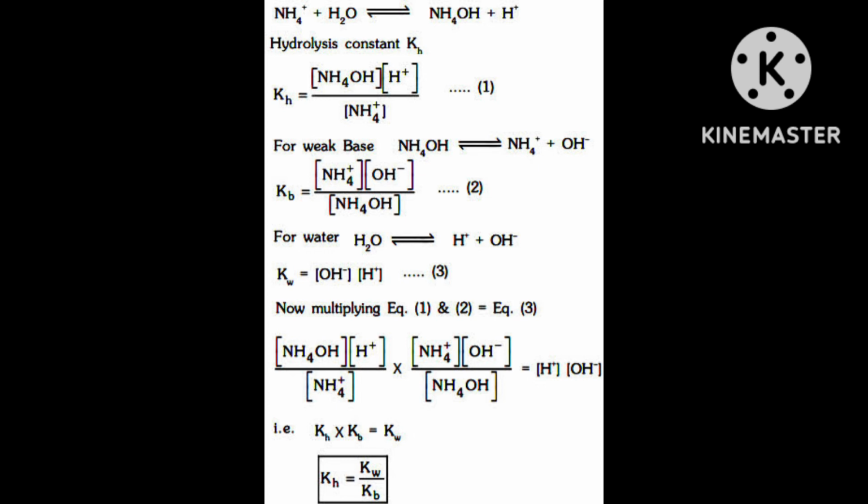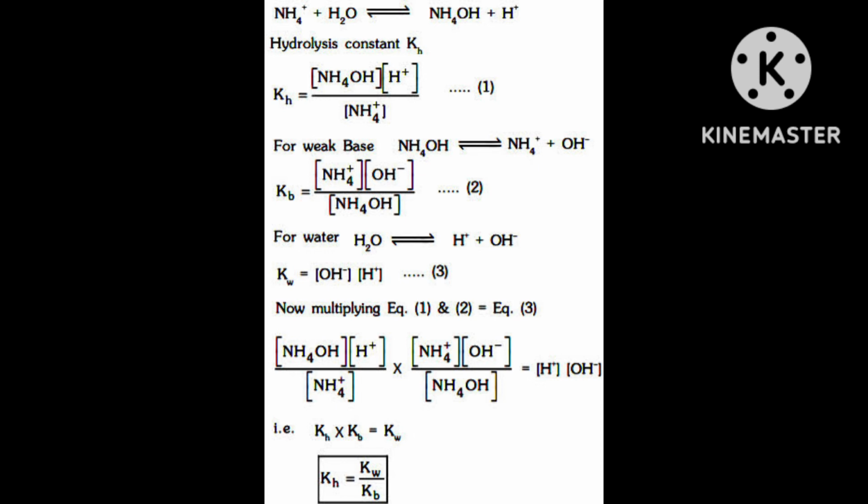Here the Kb value is given in the question, that is 1.77 into 10 to the power minus 6. Now this Kb value you are knowing, correct, and the Ka value you want to calculate.